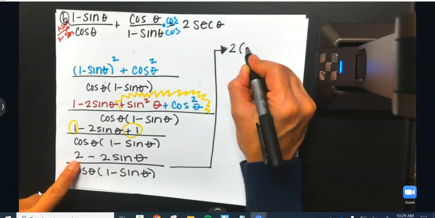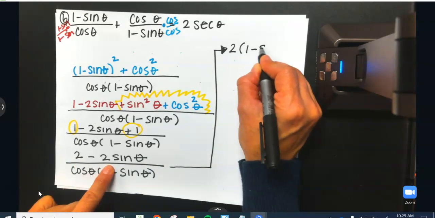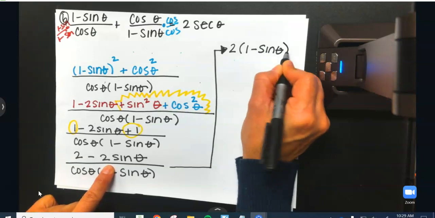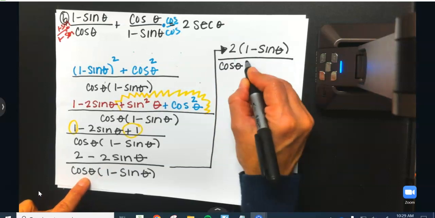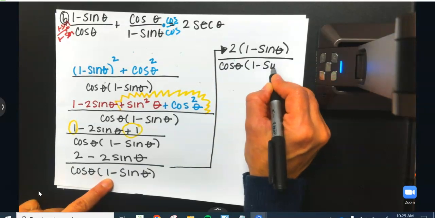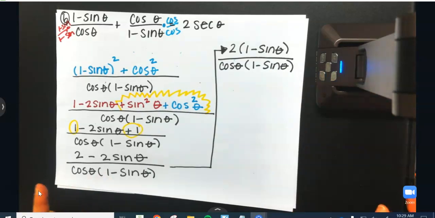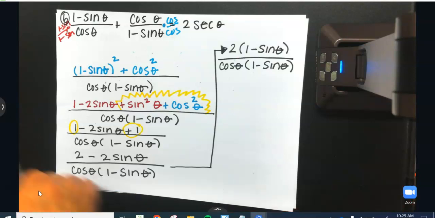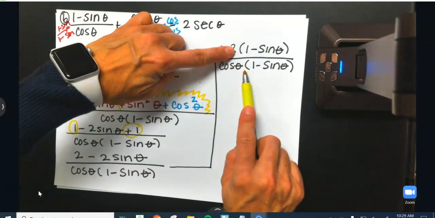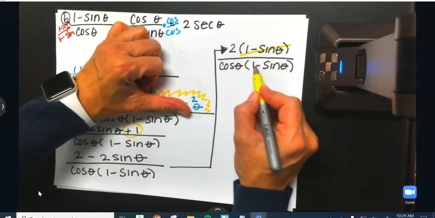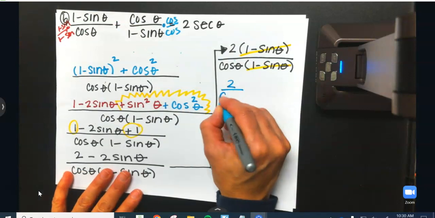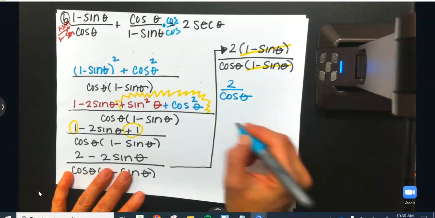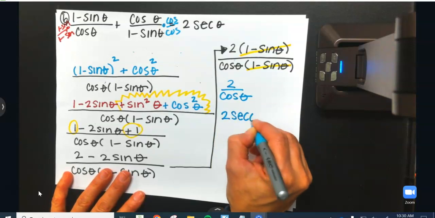When we take a 2 out, it's going to be that. We got lucky. What cancels out now? Yeah, that 1 minus sine theta definitely cancels out. They're being multiplied. Let's cross them out. And then, y'all, 2 over cosine theta is 2 secant theta.